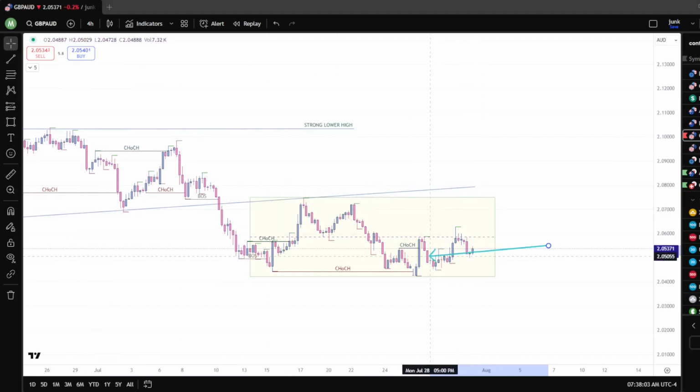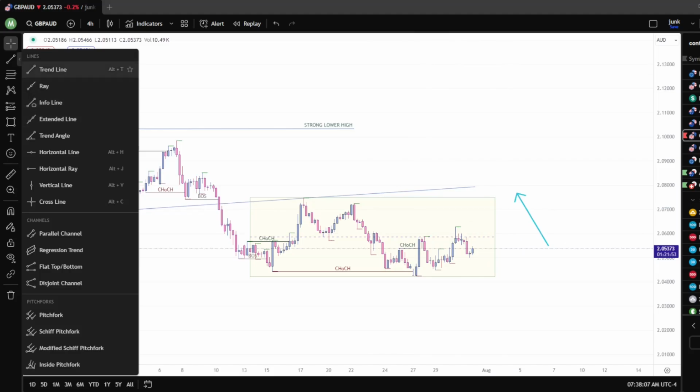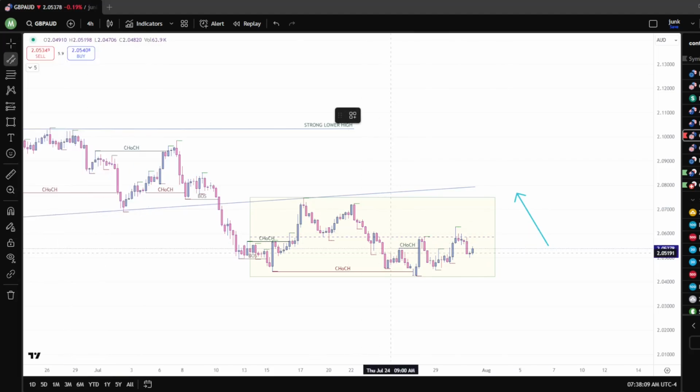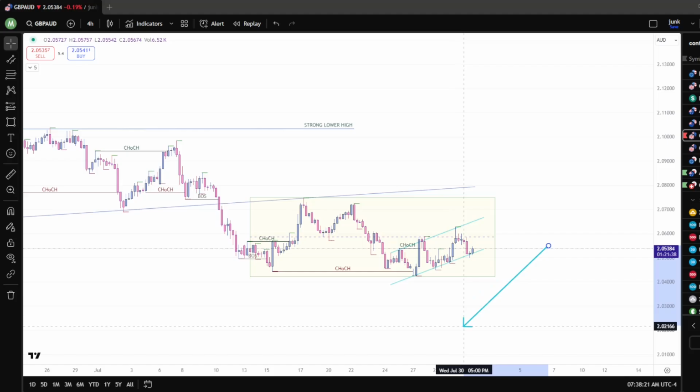But since this does look like a channel and liquidity is building under it, I would expect this to break out to the downside. So that will extend this leg from this high and extend the prices down to the lows of the range, and then lower, which I'll be looking for a selling opportunity once it does retrace.